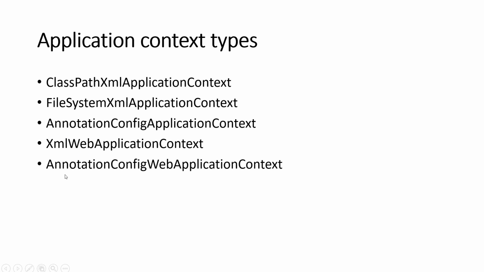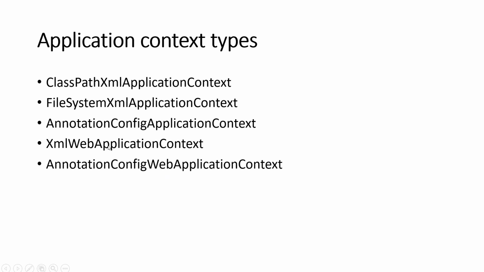Okay, and annotation config web application context, this one also. So in web applications, if you use XML, it has to use XML web application context. If you use Java based configuration or annotation based configuration, you can use annotation config web application context. If you see the names here, annotation config application context, and here this is annotation config web application context. Because in web applications we use this.